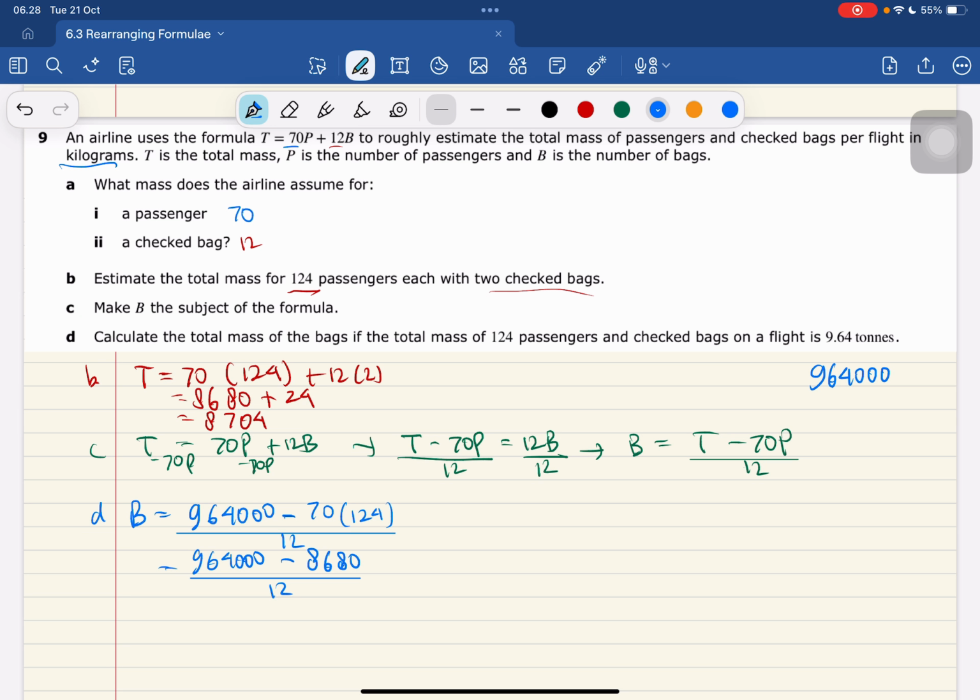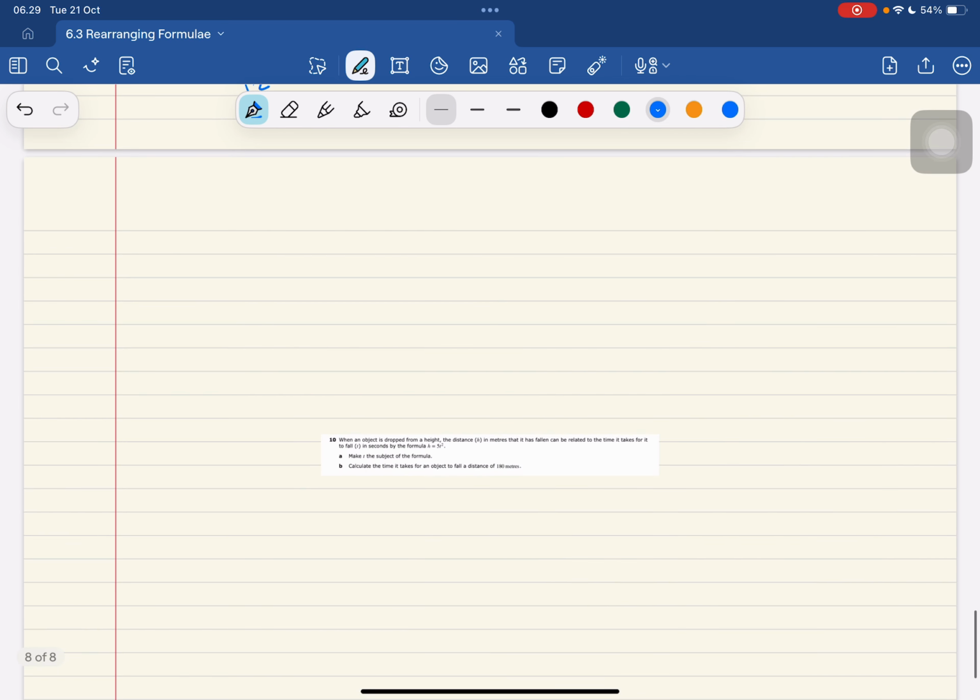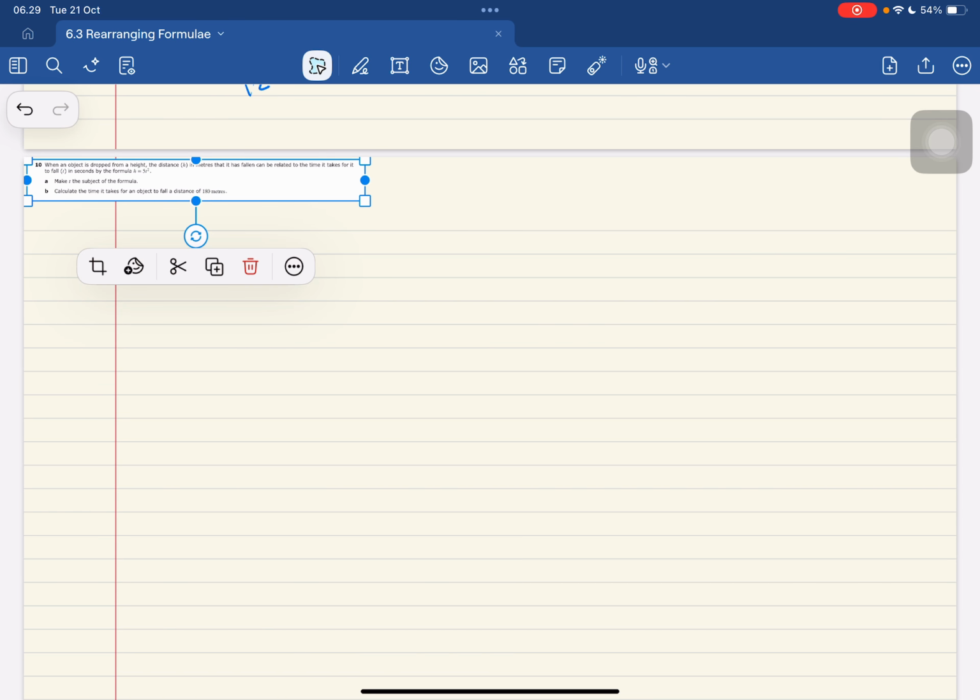What is the number? 9,640 minus 8,680 is 960. We divide by 12. So this is going to be 80. Okay, there it is. Next, number 10, this last question.